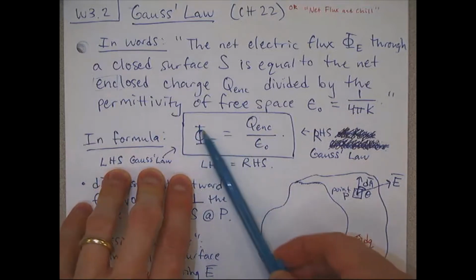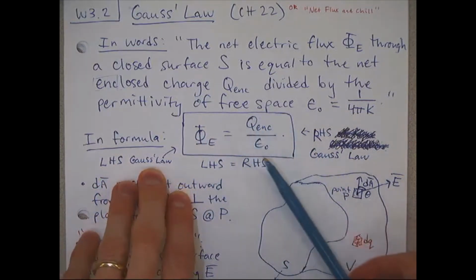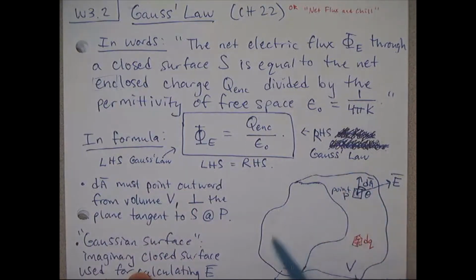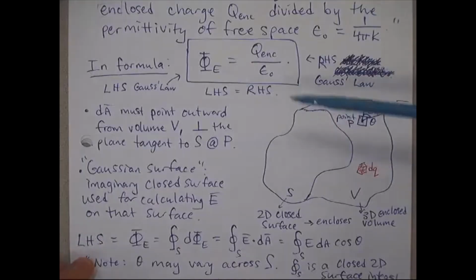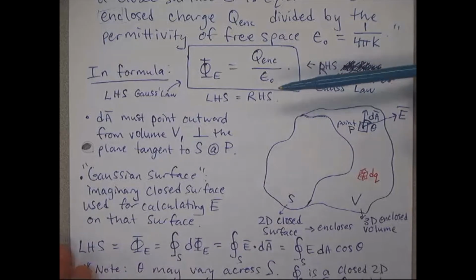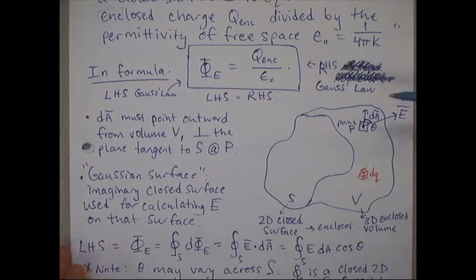We will work this separately from the right-hand side, where we may have some calculations to do to determine how much charge is inside of the surface. Eventually we'll take the left-hand side, set it equal to the right-hand side, and solve for our unknown electric field.